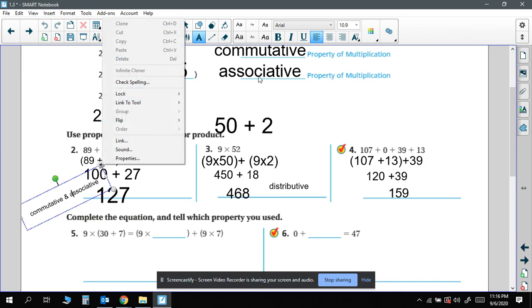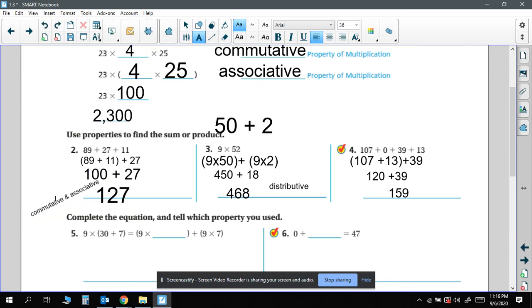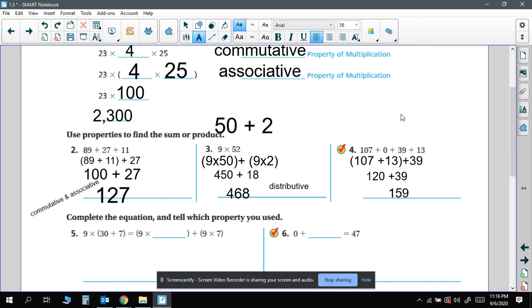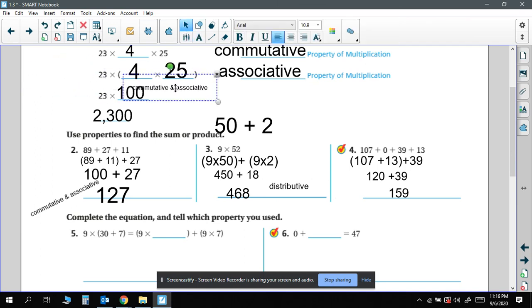Clone. Growing gray hairs, just trying to figure out how to get this over there. Now let's copy it and paste it. Hey, get over here. Where are you going? Maybe I don't have my pointer on.